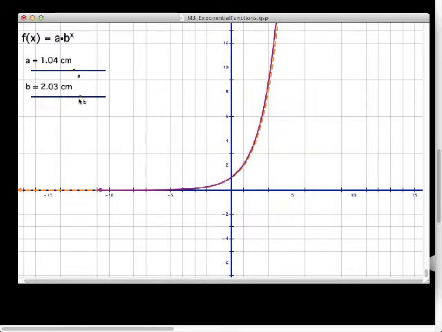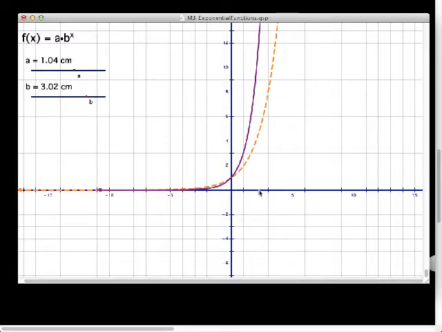So let's watch what happens as I change the value of b to a bigger value. What happens for positive values of x? For the positive x values, compared to y equals 2 to the x, this is growing even faster, right? So if this is 3-ish, notice when I plug in 1, I'd get 3.